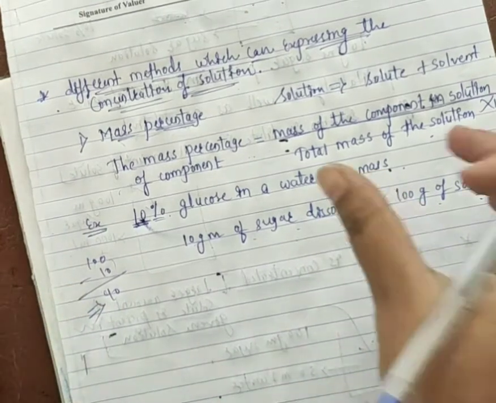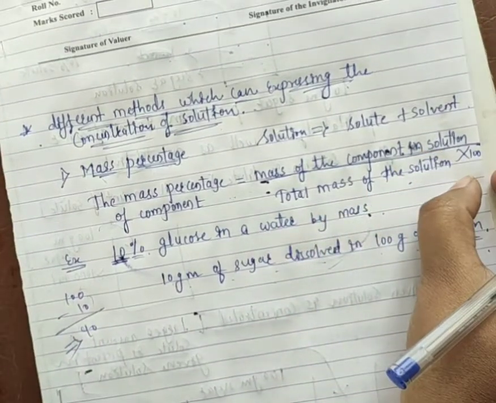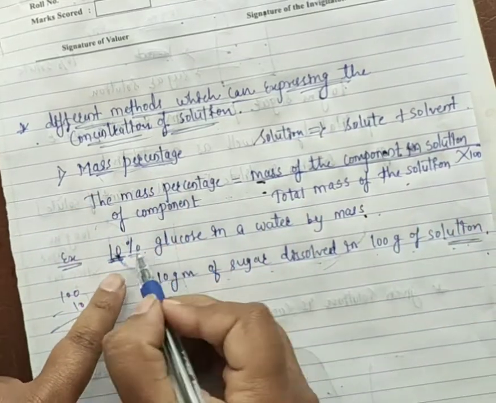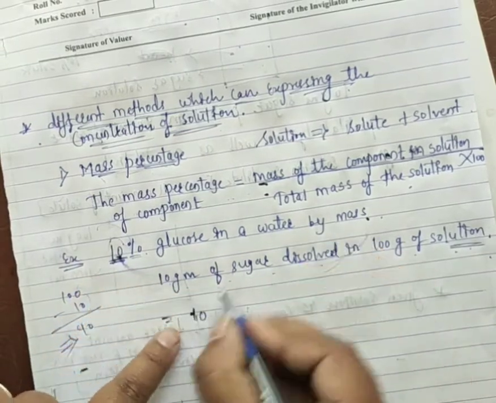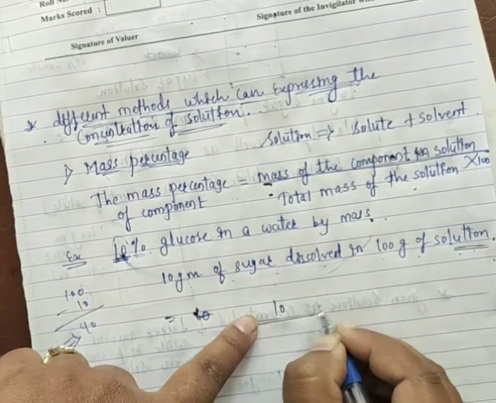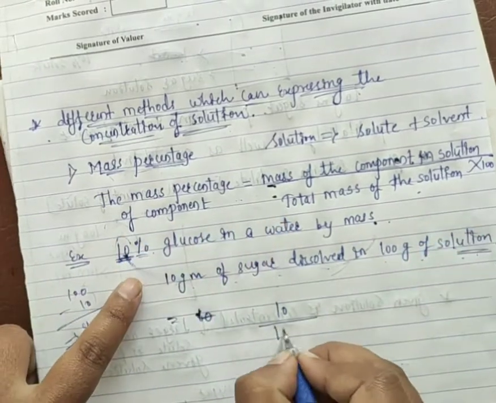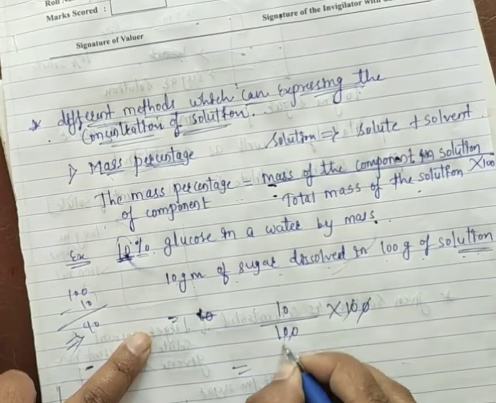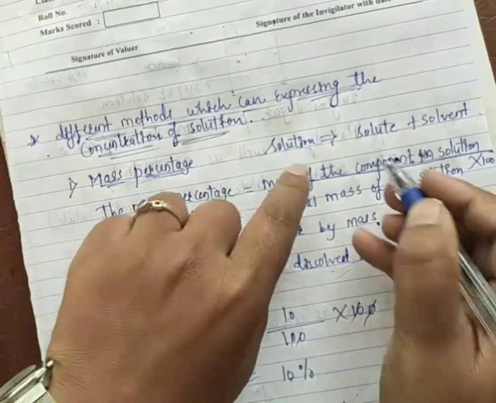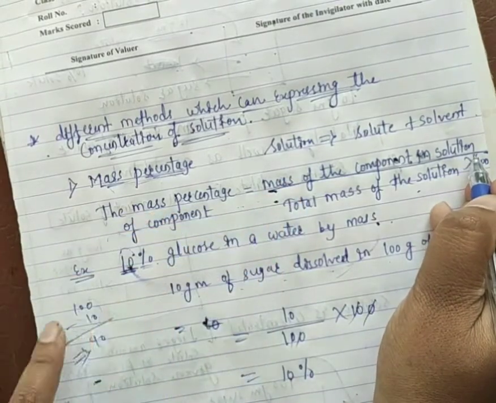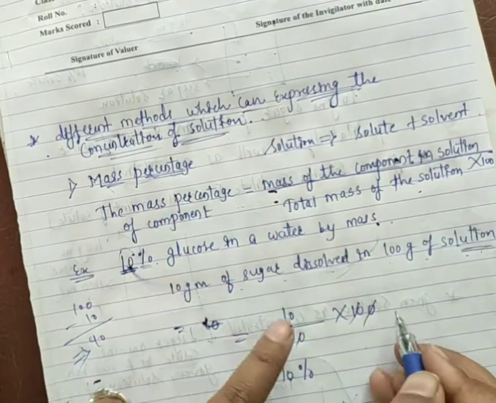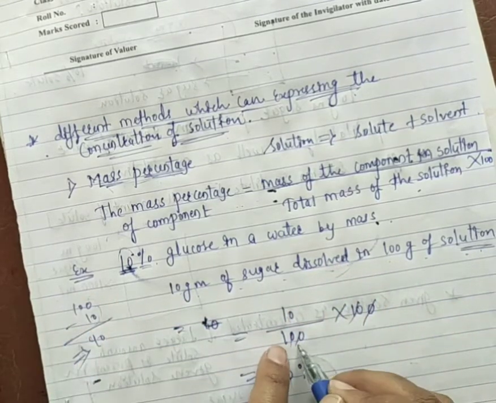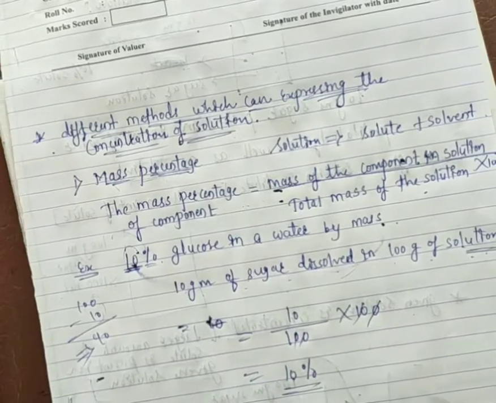First you should remember the mass of the component in the solution. If it is given like this, 10 gram of glucose in solution, then the mass of the component is 10, and the total mass is 90 plus 10, which is 100, into 100, and I am getting 10%.